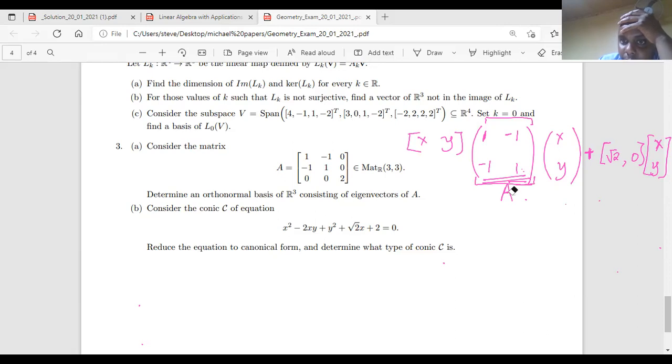So we want to write A as A equals P inverse D P. And P is going to be a matrix formed using eigenvectors of A. And then D is a matrix whereby we use the eigenvalues to get the diagonal entries.